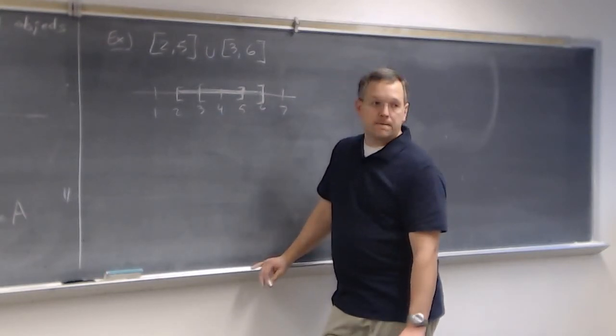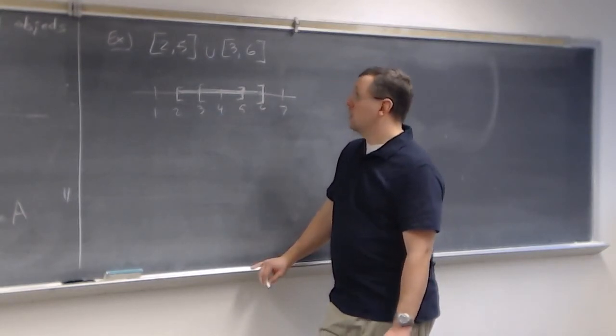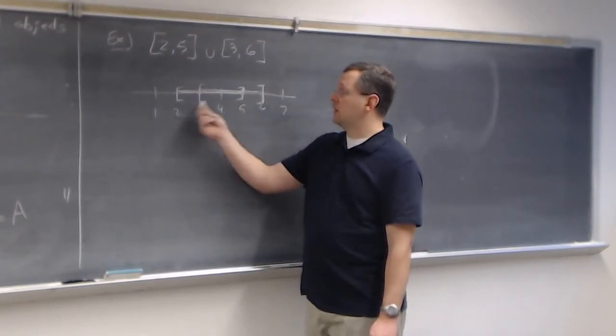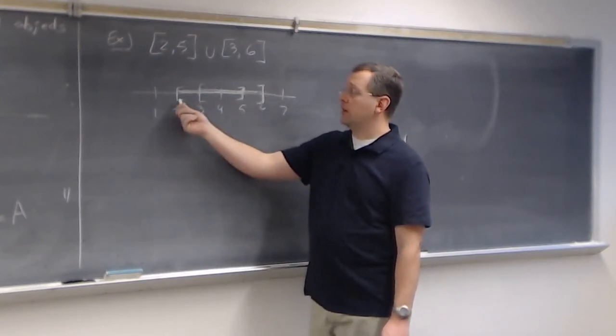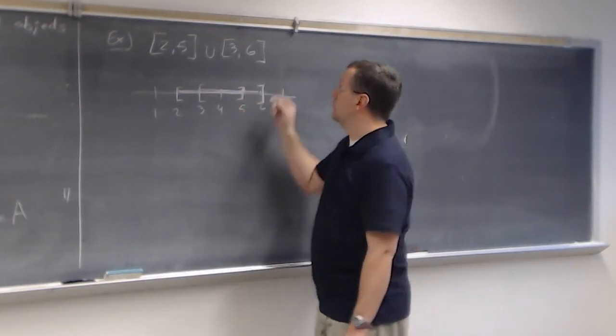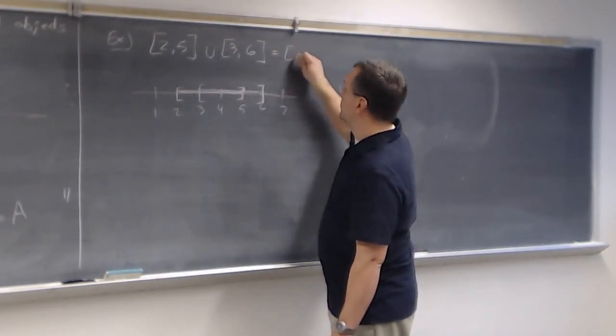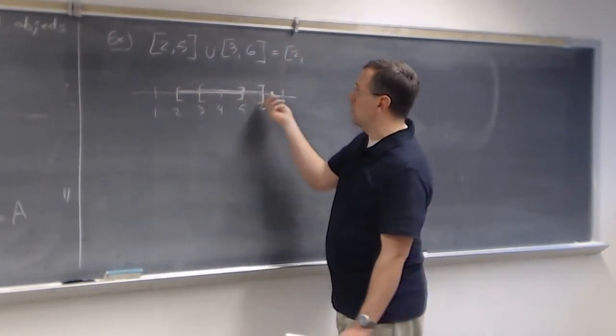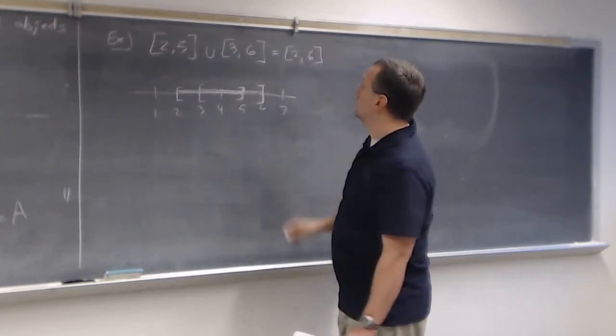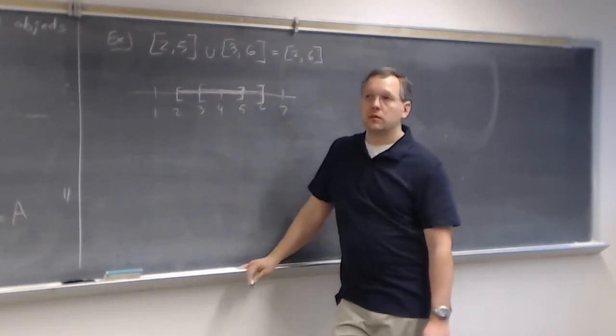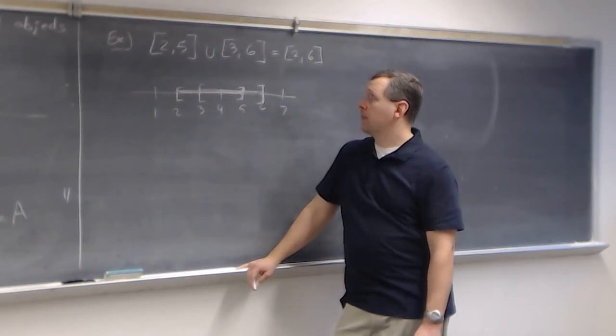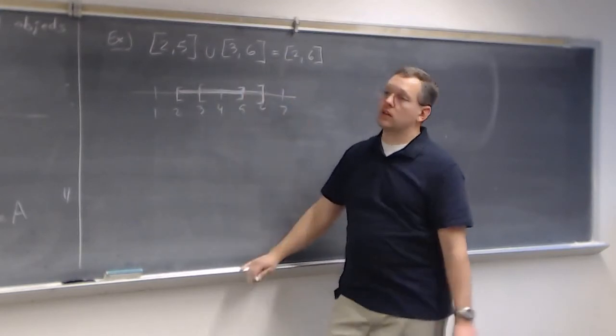So we could rewrite it as 2 to 6. It's actually equivalent to one interval. It starts at 2, and every real number up to and including 6 is shaded in. So this set is equal to the interval from 2 to 6.